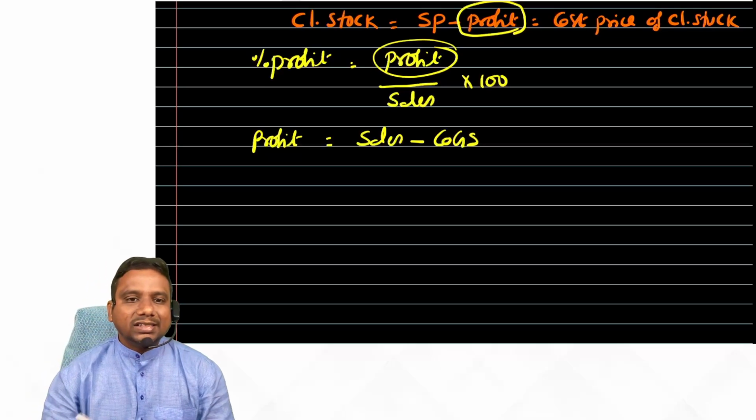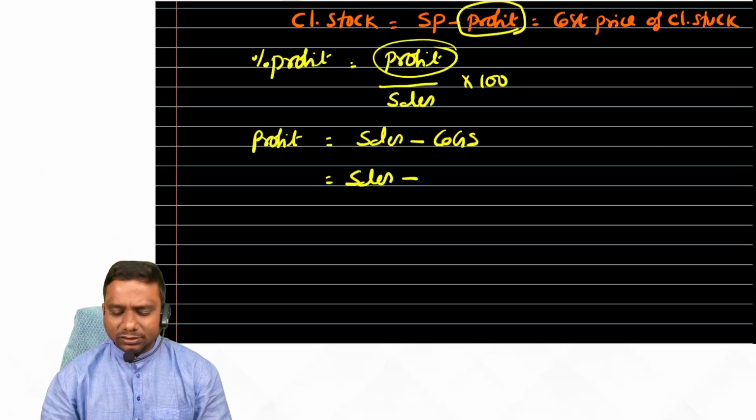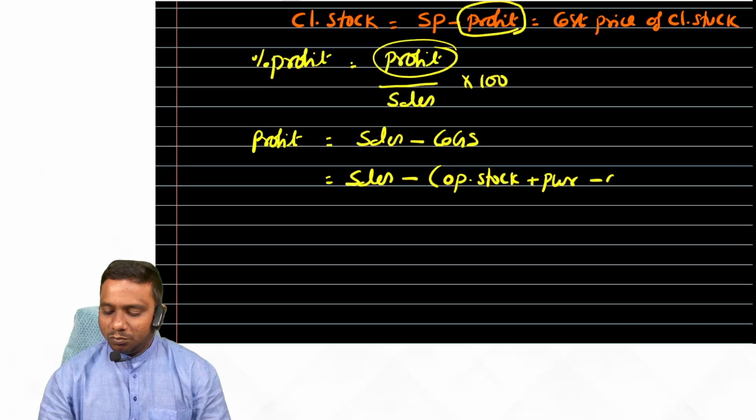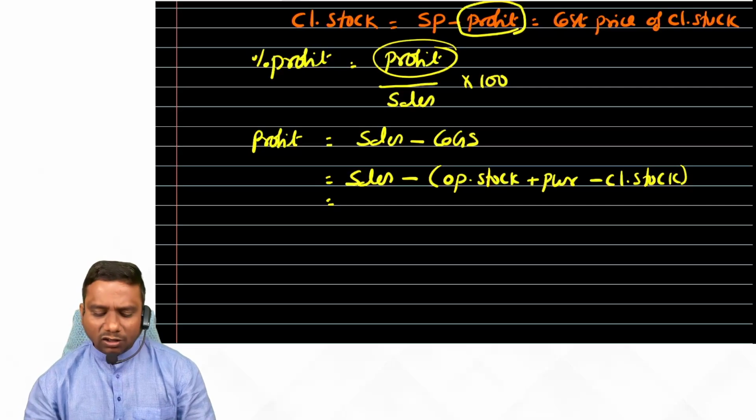Yes or no, students? Sales minus COGS. Sales we get, minus the COGS formula: opening stock plus purchases minus closing stock. But here, if you observe, we get all the information: sales, opening stock, purchases.